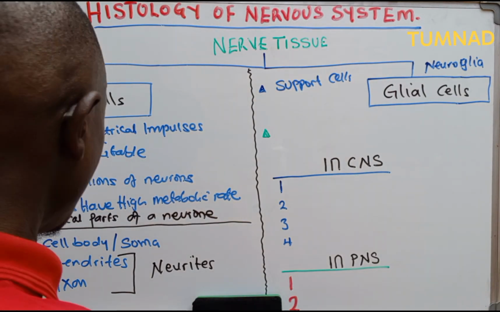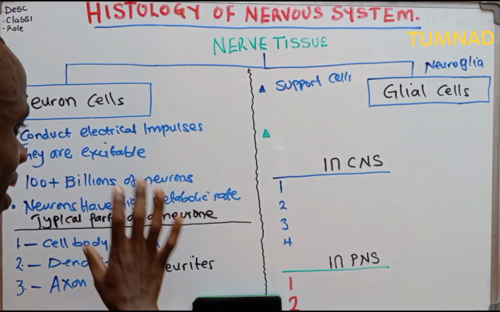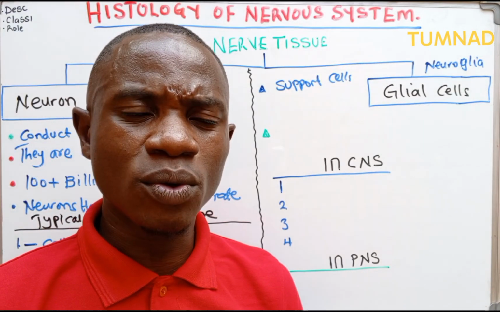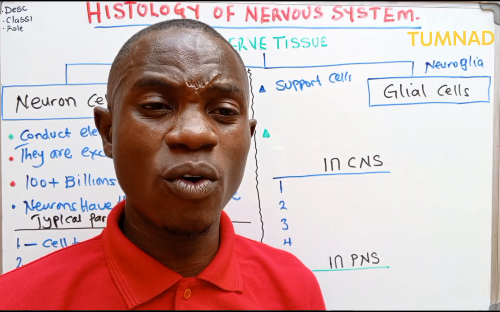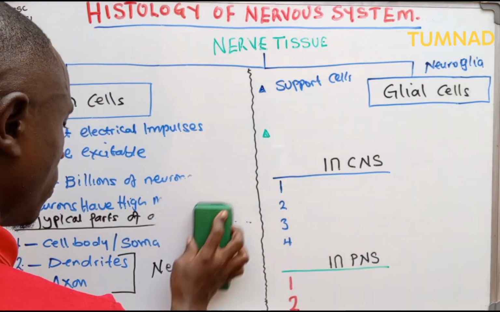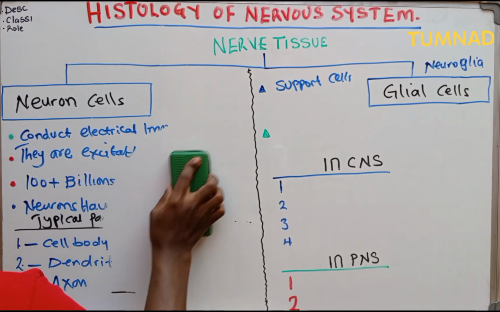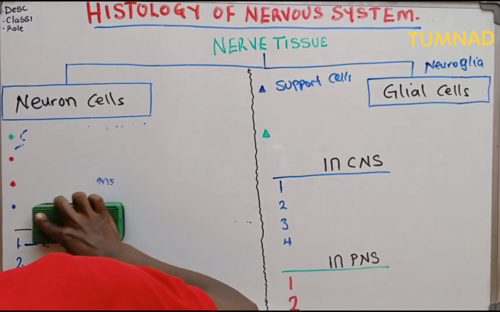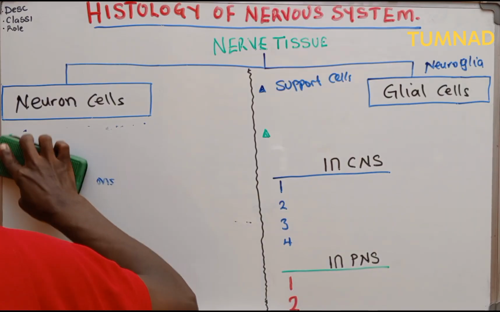Now, having looked at this, let's quickly look at the classification of the different types of neurons. It is just such a beautiful thing to know that neurons can be classified into several classes.